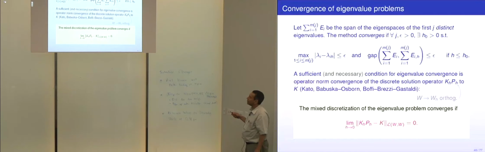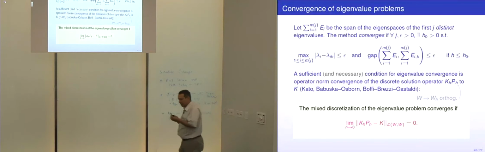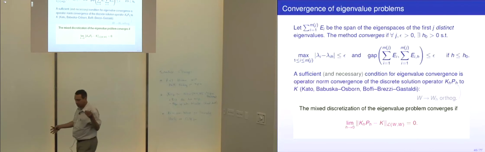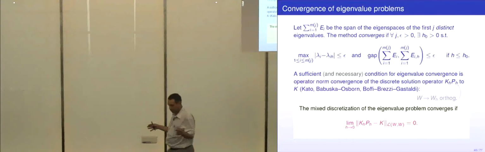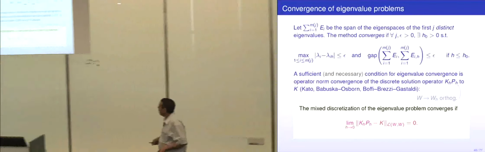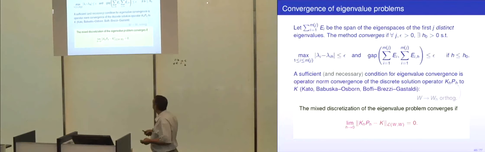And to get eigenvector convergence, the span of the first j distinct eigenvalues, that m_j dimensional space, has a gap with the discrete version of it, which goes to 0 also. So that would say that the eigenvalues converge and the eigenvectors converge, and there's no spurious stuff going on. It doesn't say anything about the rate of convergence. This is just convergence. For all epsilon greater than 0, there exists an h.